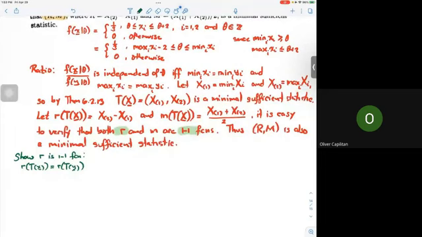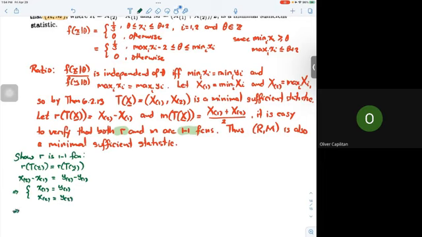So ano yung R of T of X? So this is equal to X sub 2 minus X sub 1 is equal to Y sub 2 minus Y sub 1. And this would imply that we have X sub quantity 1 is equal to Y sub quantity 1, X sub quantity 2, the realized value, equal to Y sub quantity 2.